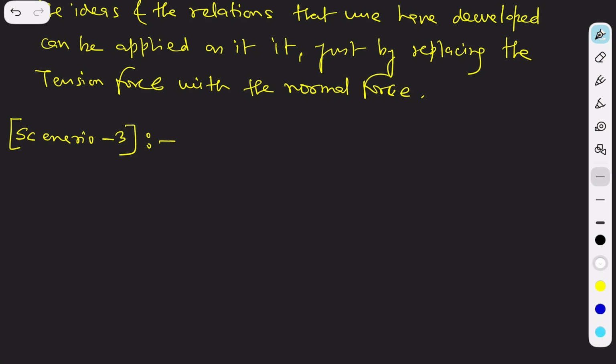Instead of a string plus block, if we have a rod, let's say for ease we assume it's a massless, light rod, and there is a block attached at the other end of the rod, and the one end is hinged. If we want to analyze what will happen in this case, if we want it to perform the circular motion, what will it do?